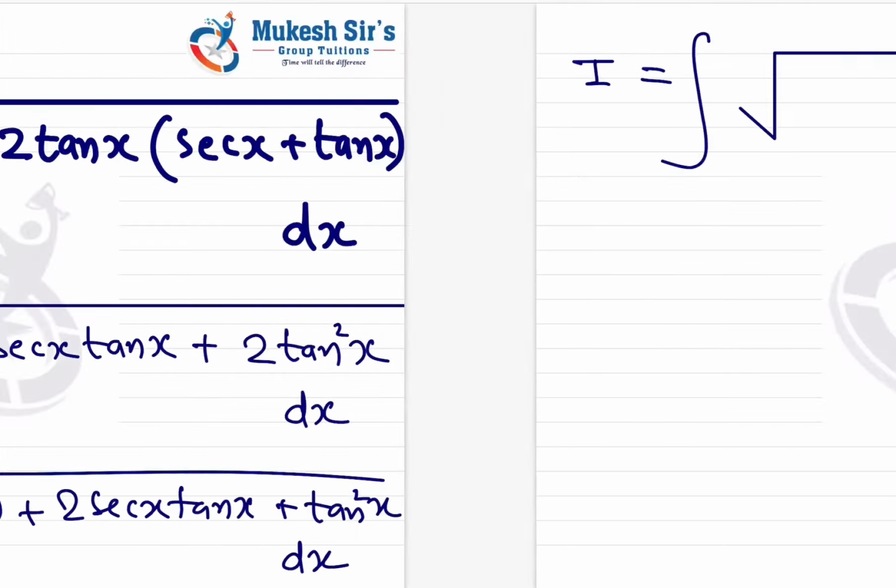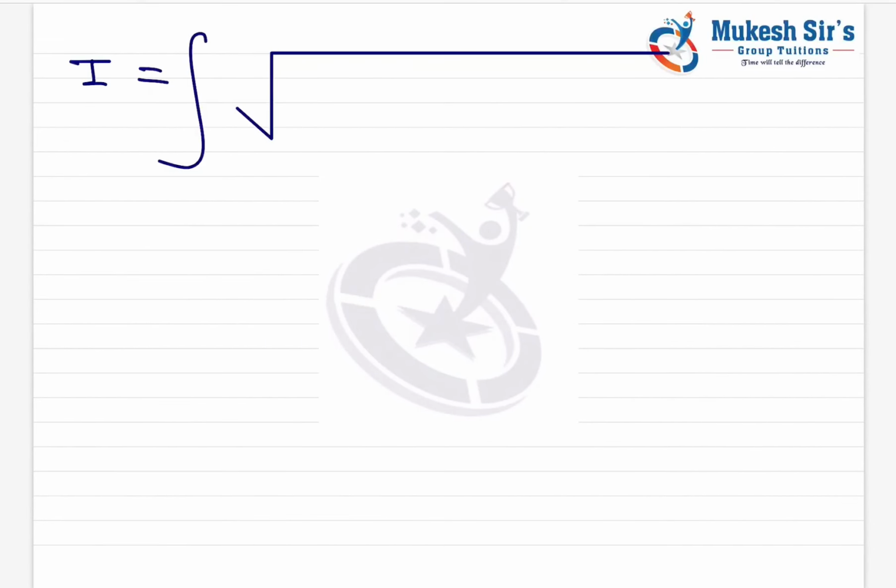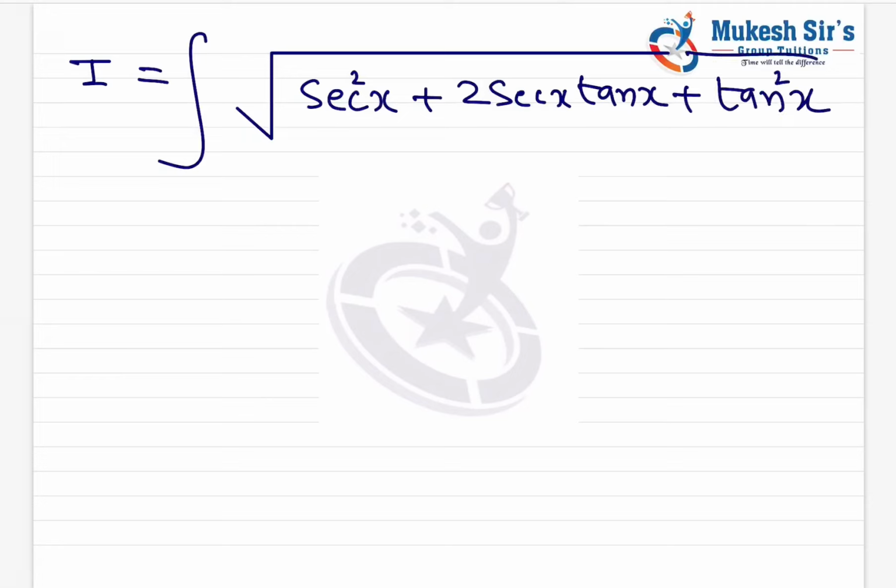So I is equal to integration of root of, now 1 plus tan square x, using the identity, 1 plus tan square x is equal to sec square x. So that will become sec square x plus 2 sec x tan x plus tan square x the whole dx, right? Now check out the term inside the root there.